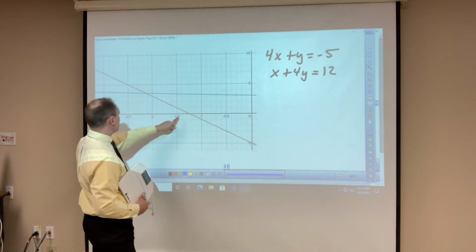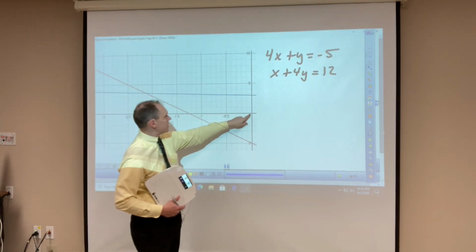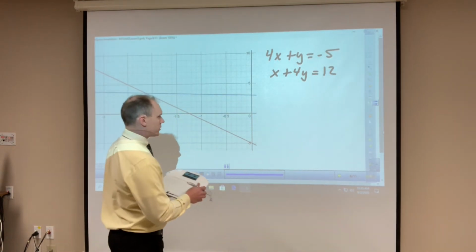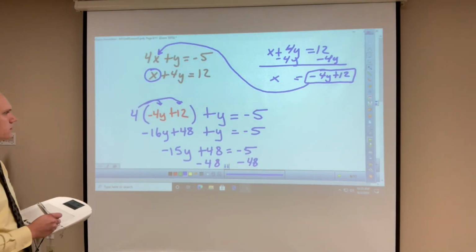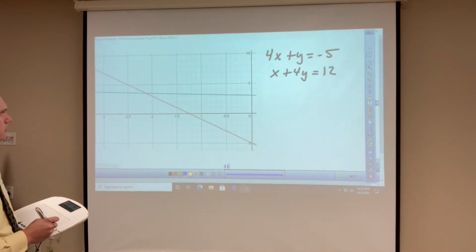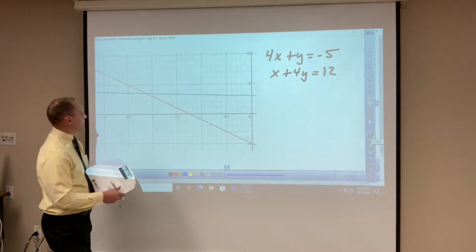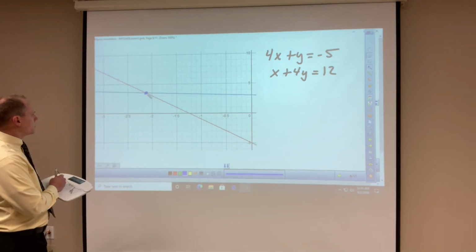So -2.13 repeating, and then the y value, was it 3.5? Yeah, 3.53 is the y value here of that intersection point. So that point here is what we were finding.